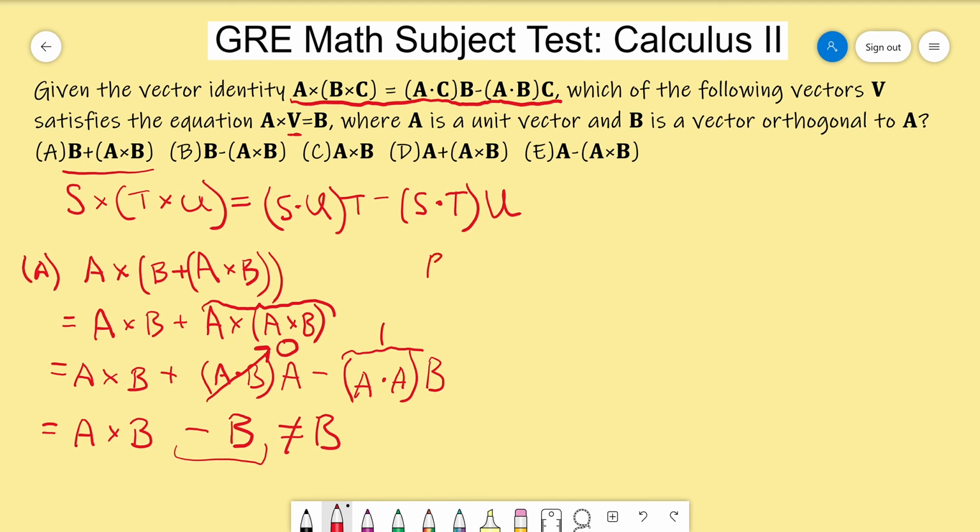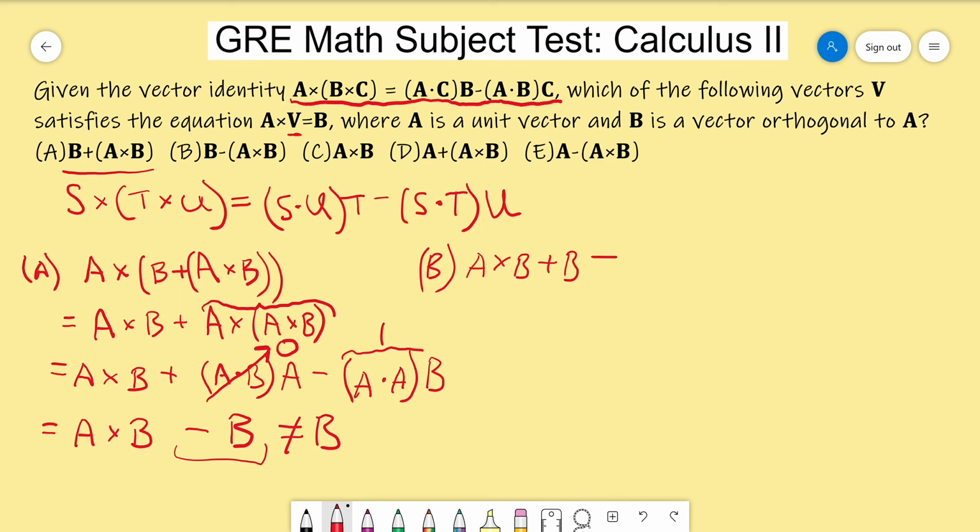Alright, so let's try B. B is really similar to A, except instead of B plus A cross B, it's B minus A cross B. So the answer is going to be exactly the same, except instead of A cross B minus B, it's going to be A cross B plus B, okay, because of that minus sign.